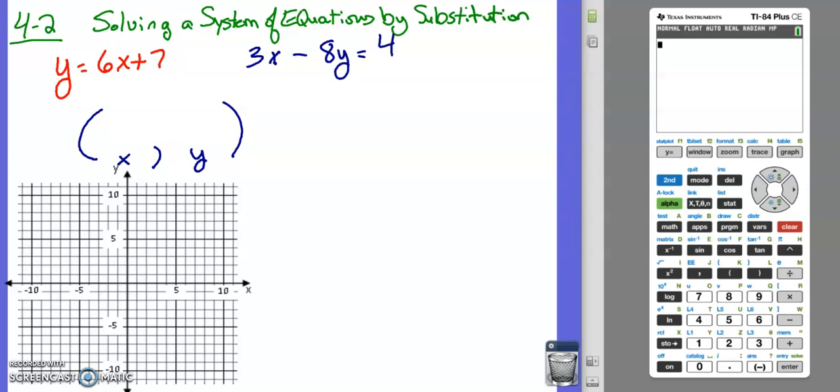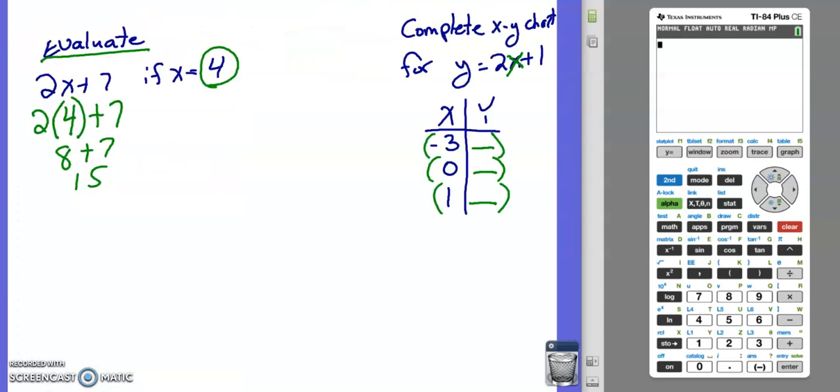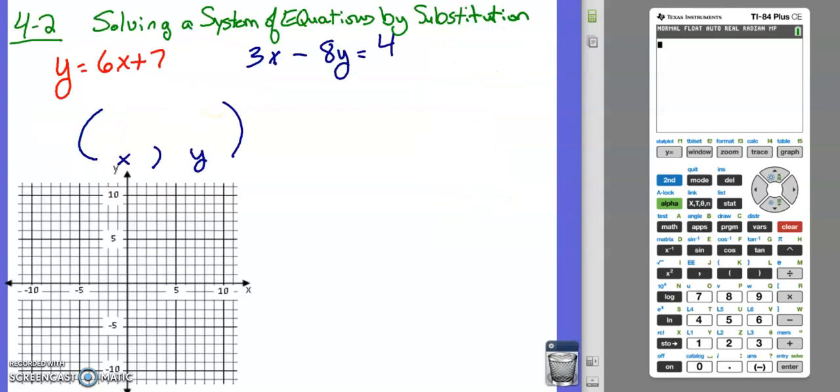We're going to take one of these equations, and we're not just substituting like this previous problem. We just substituted a number in, like x equals 4. We're not going to just substitute a number because we don't have a number. We have two equations. So what we're going to do is look at one of the equations, and one of the equations is already made out for us. It already tells us this is what y equals.